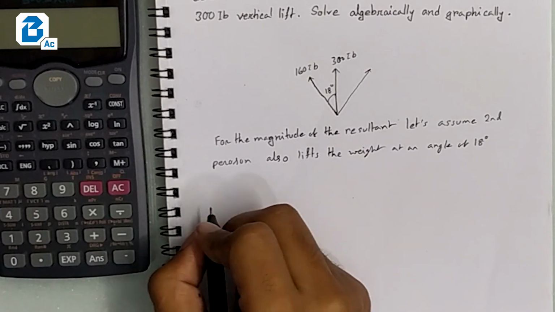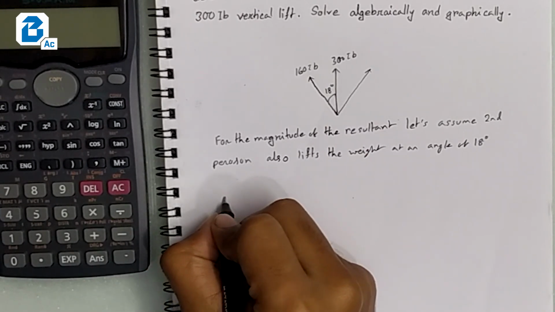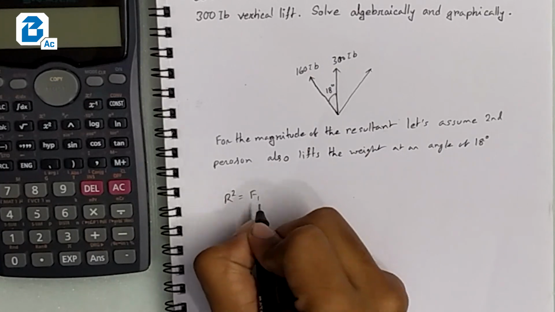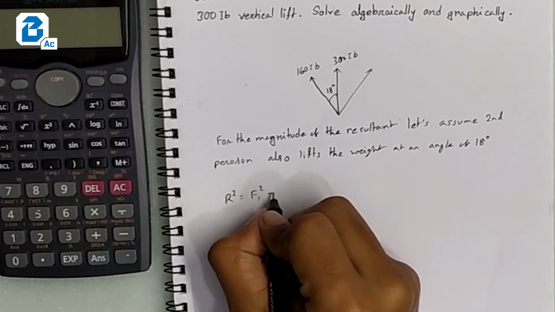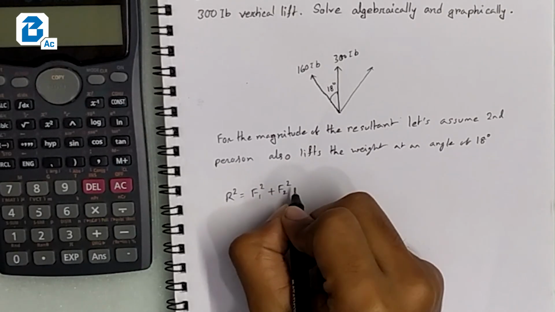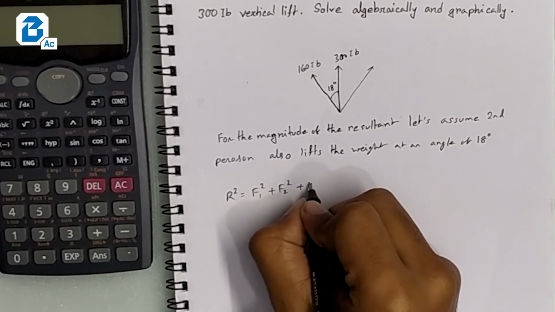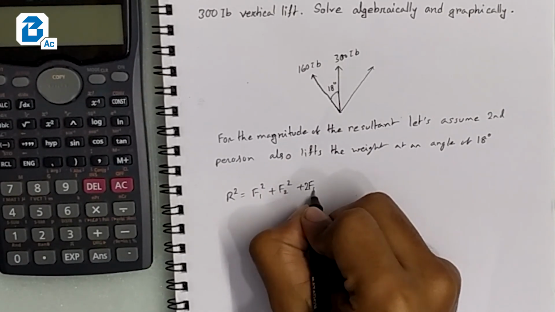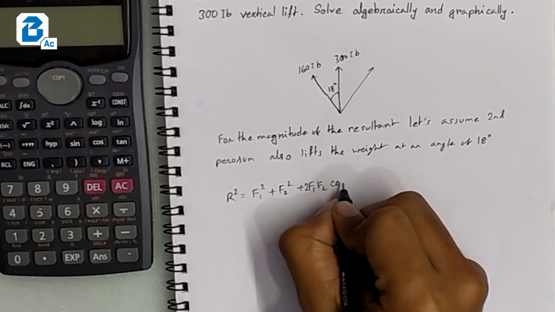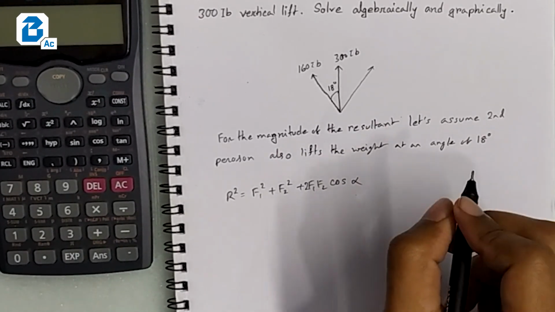So to solve that, we can now use this: R squared equals F1 squared plus F2 squared plus 2 F1 F2 cos alpha.